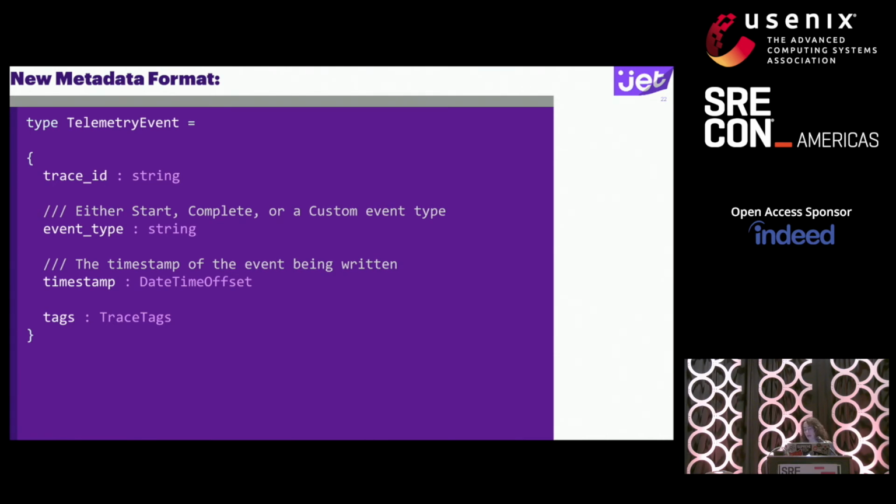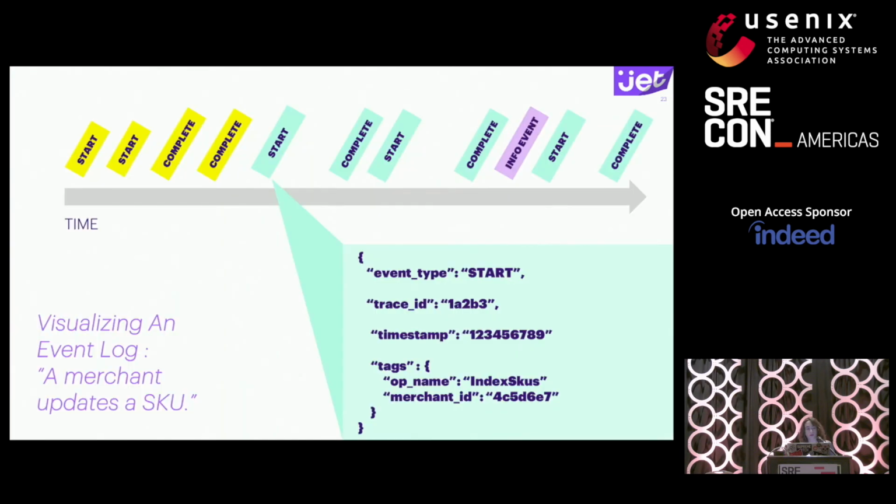We have a timestamp, pretty simple, and some tags that we populate for them. So inside of this time log view, we can now have some structure to these events that give us generic tracing information. Maybe we have a merchant ID, we have an operation name, which we can wait for a completion on, and we're good.